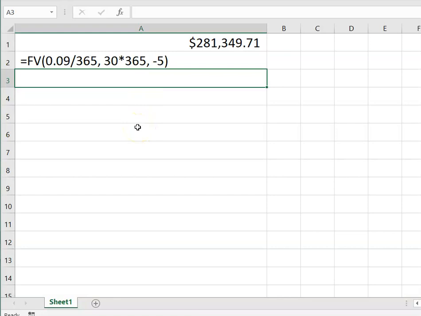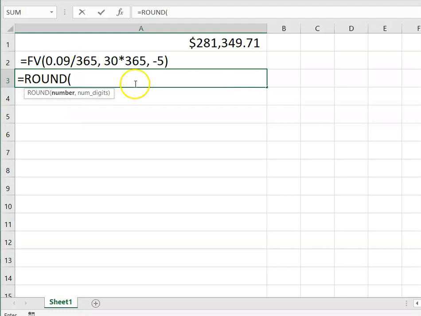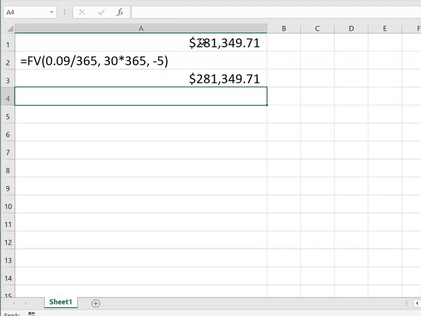When you do this on your homework or in your exam, here's what I want you to do. You've got to use the round function. Now, you can just point at the value like this and put a 4 in there, round to 4, and then we'll do that.